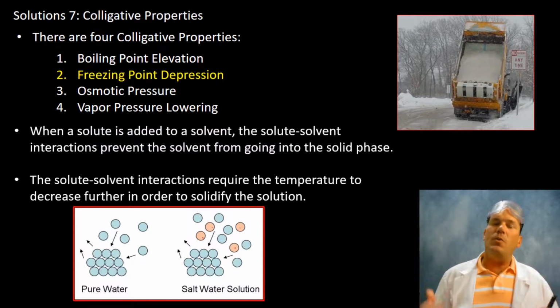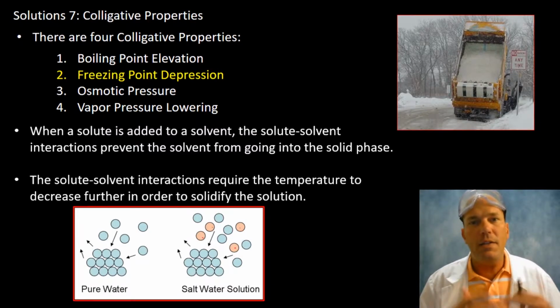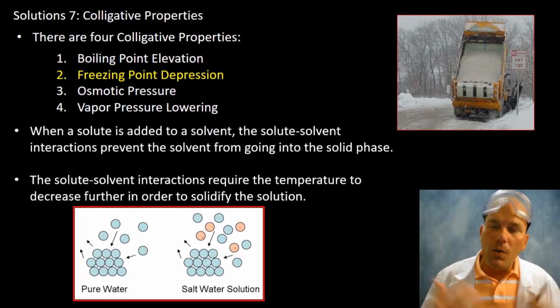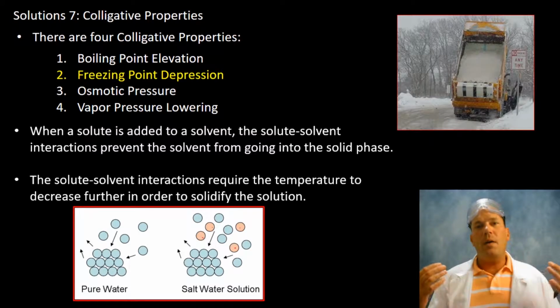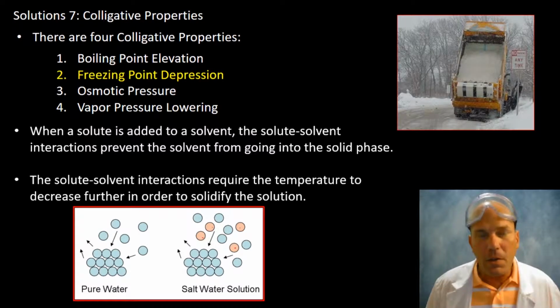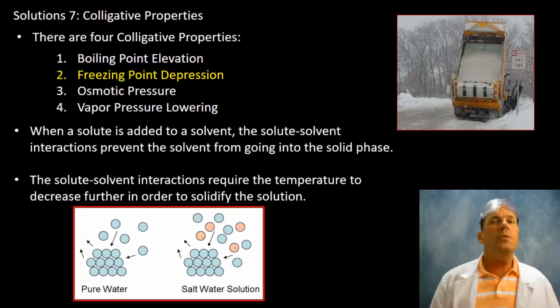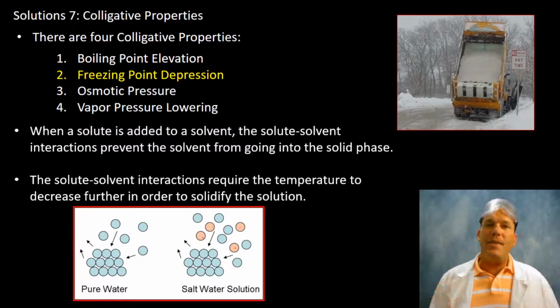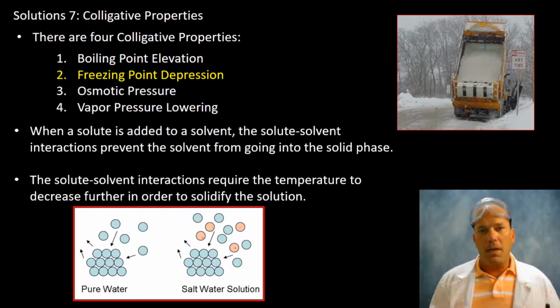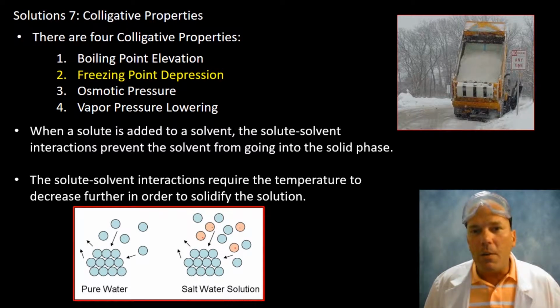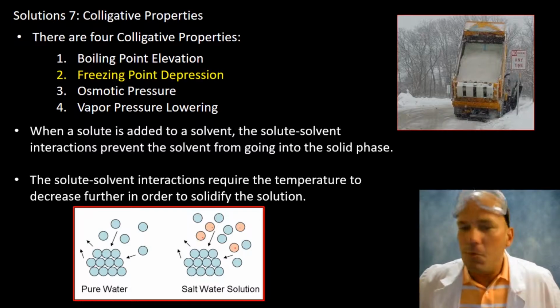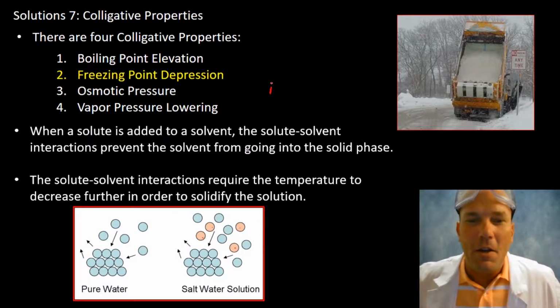And that is known as freezing point depression. These also tie in with vapor pressure, as well as some really cool thermodynamic discussions that we'll have later regarding enthalpy and entropy, okay?